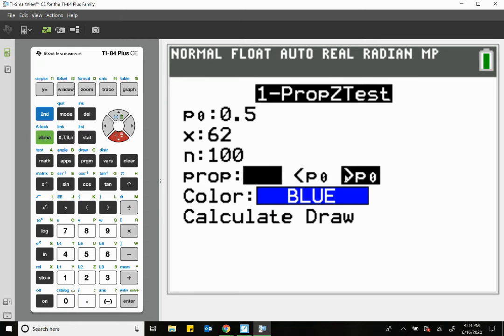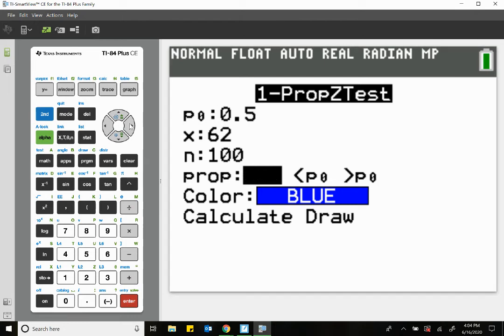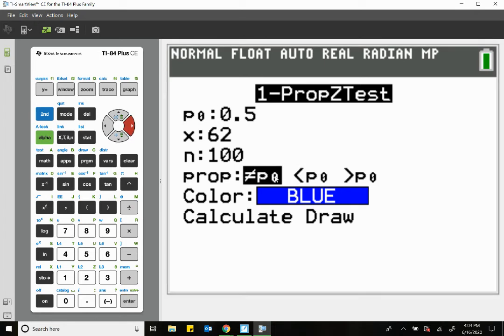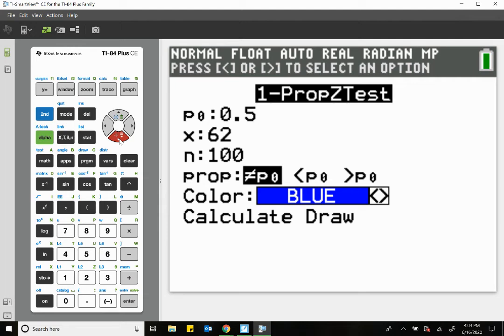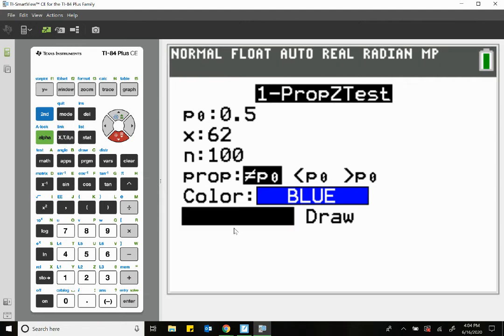What was our HA? And our HA was not equal. If our HA was a less than, then I'd scroll over here and select less than. If our greater than is already selected, you'll know which one is selected because it'll have a black box around it. Because we are not equal, I'm going to hit enter and see now you can see that not equal is selected. You can choose your color, doesn't really matter, but we can calculate or draw it.